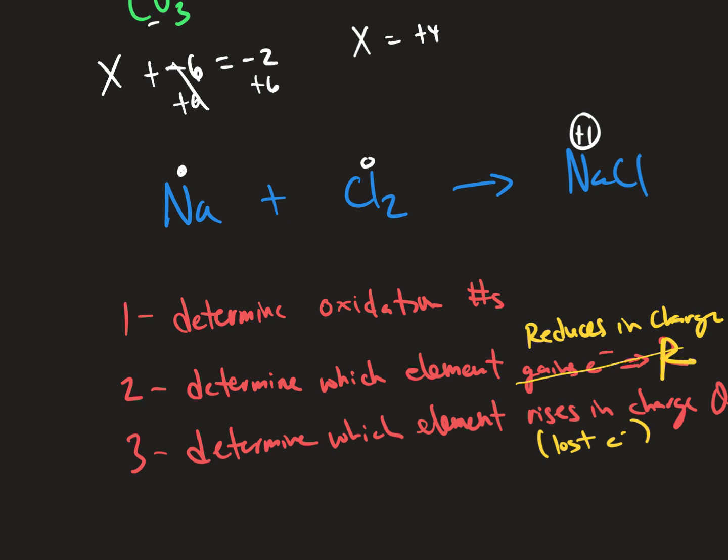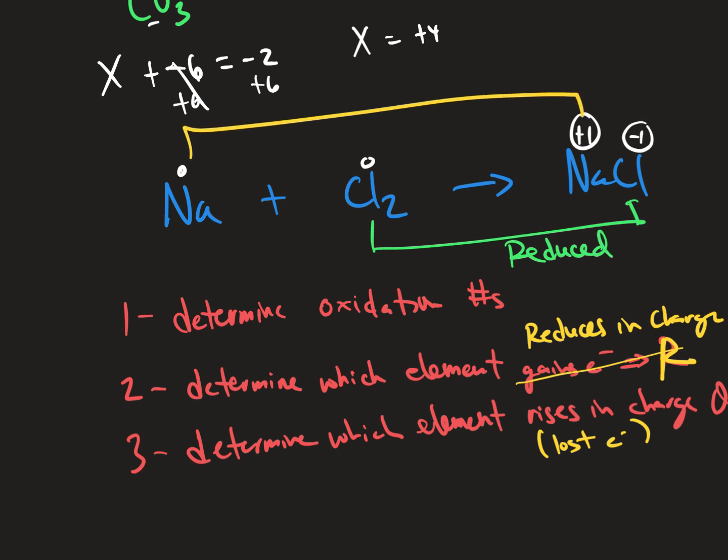What's the oxidation number for chlorine? Negative 1. So which one is reduced? The chlorine. Chlorine is reduced in charge, and that means the other one is oxidized.